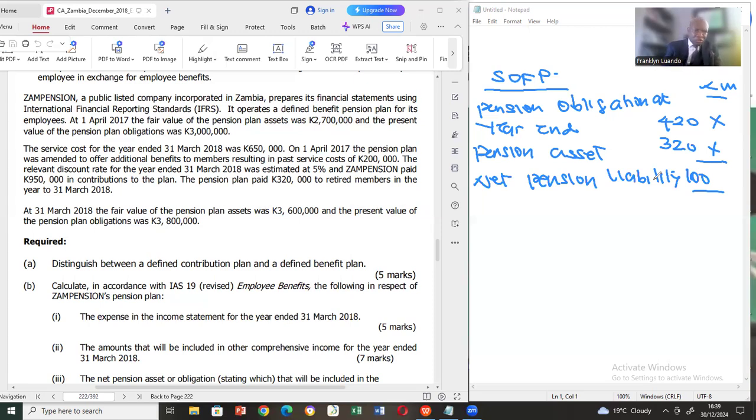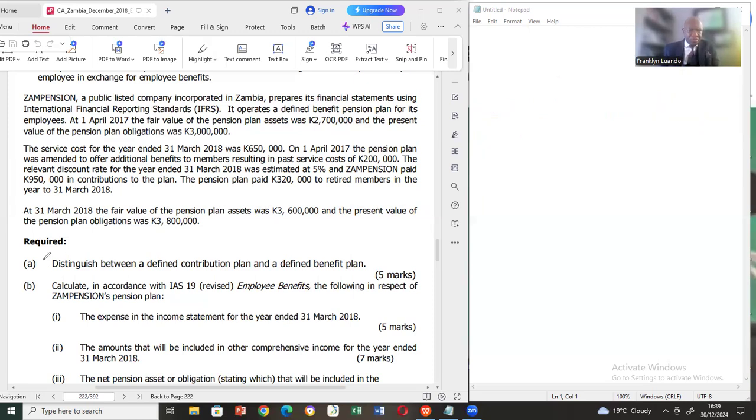Now we can look at a question here together. We have ZAM Pension, a public limited company incorporated in Zambia, which prepares its financial statements using international financial reporting standards.